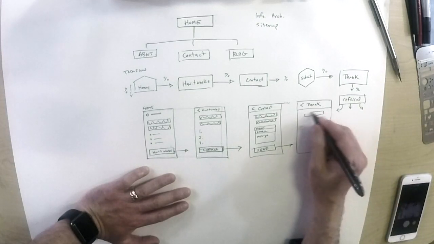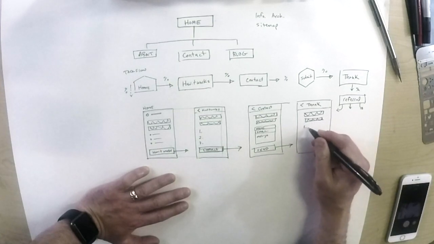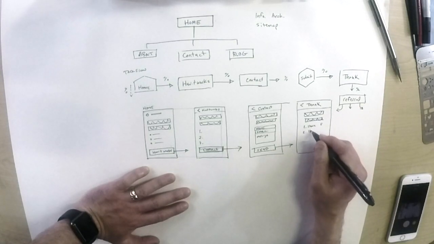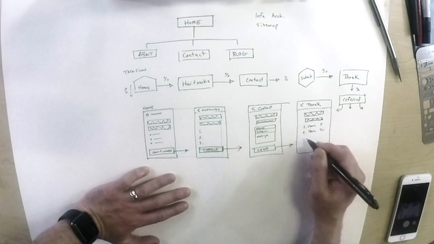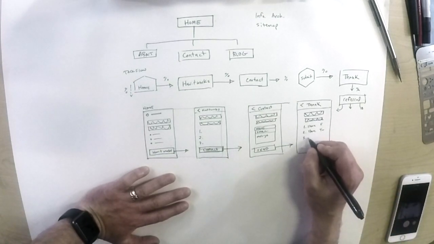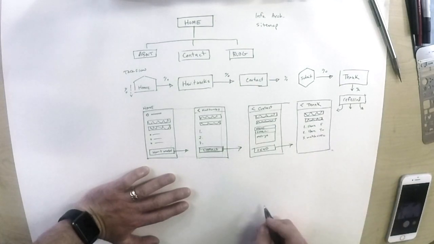We'll say our value proposition, and then we'll say 1, share on Facebook, 2, share on Twitter, 3, watch video, maybe a YouTube video or something. Right?